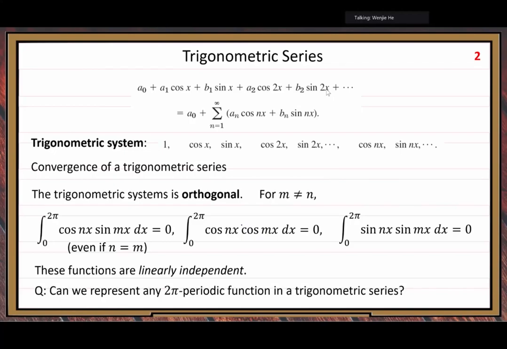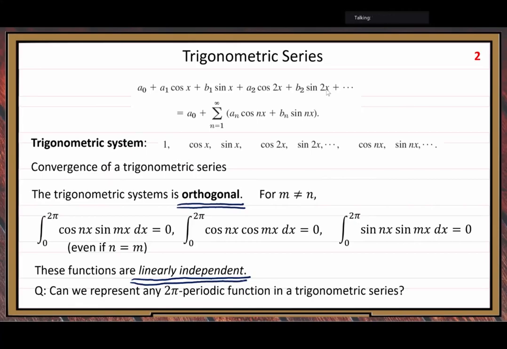Question: can we represent any 2 pi periodic function in a trigonometric series? That's our next question we need to study. Before we go to the next slide to answer this question, I want to explain a little more about these two concepts: one is the orthogonality concept, another is the linearly independent concept.